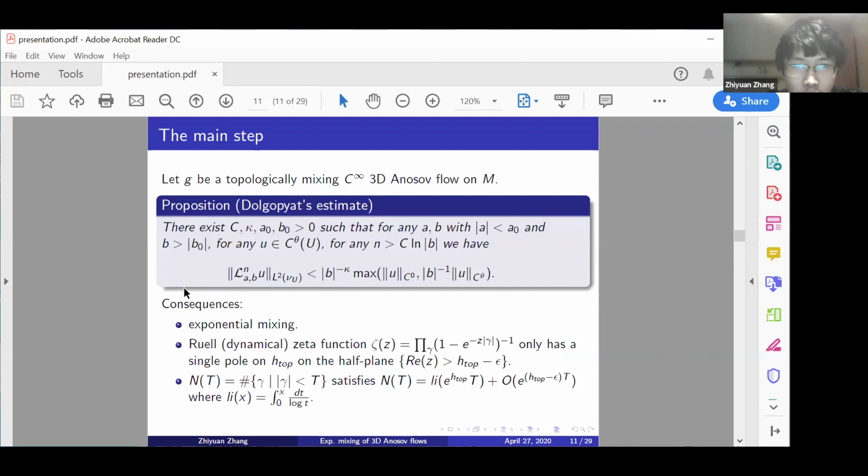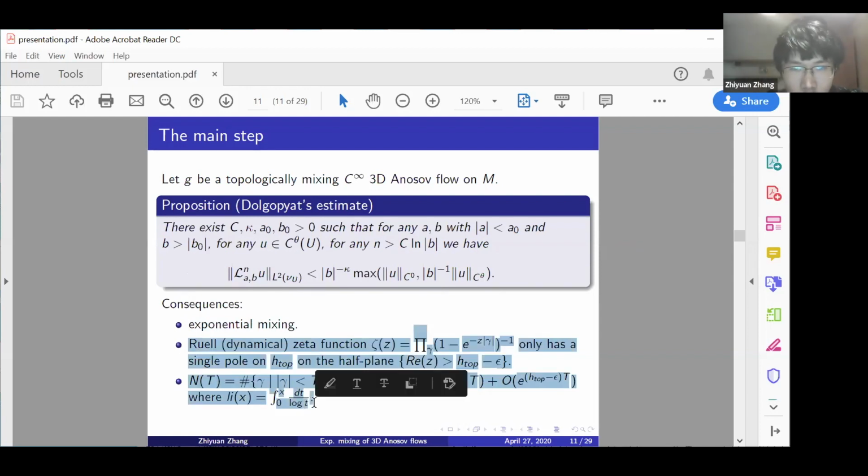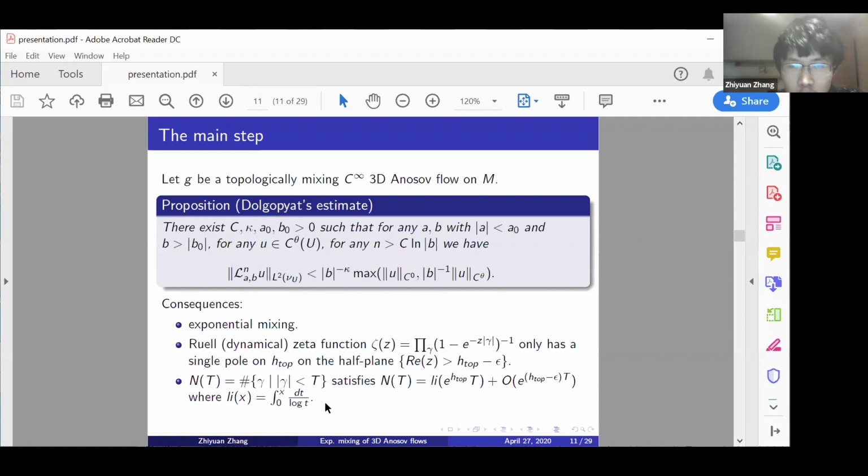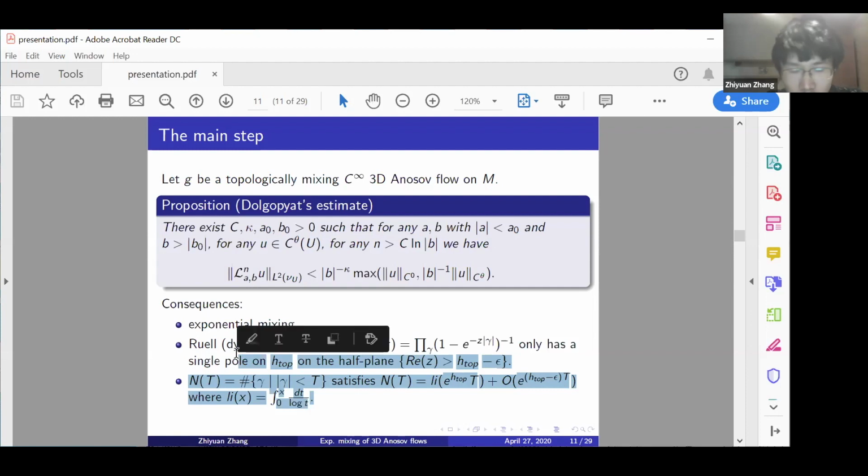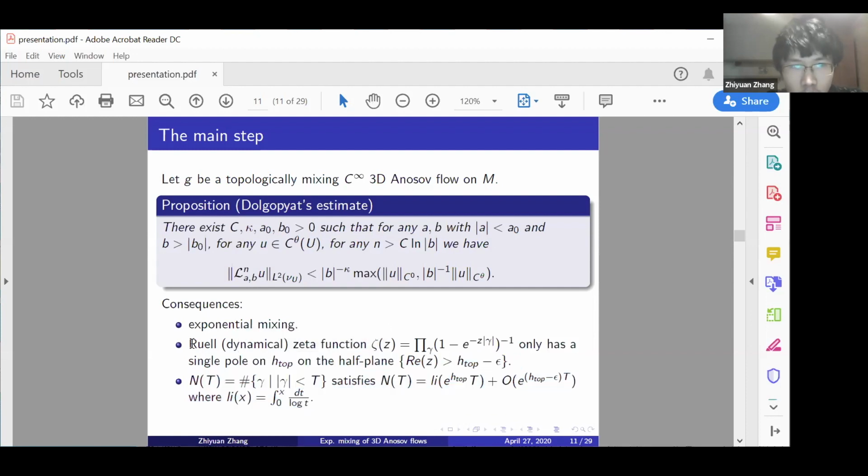There are some consequences of this. For instance, exponential mixing is one consequence. There are other consequences like this, but this I have to check, though you will probably work it out, because in the literature I was looking at, the third item is a consequence of the second item.